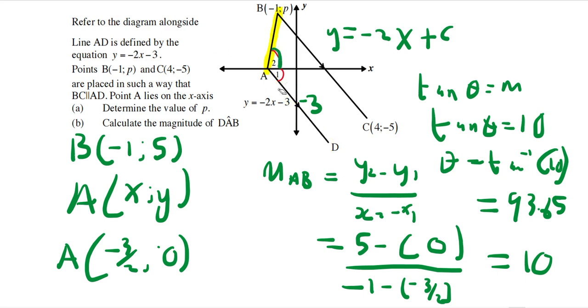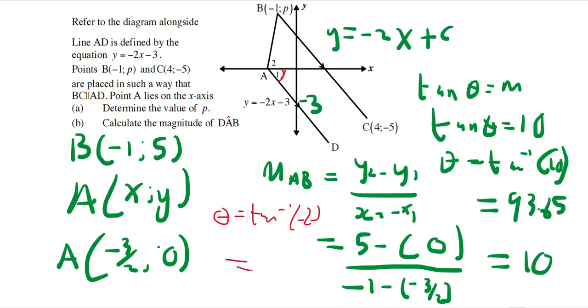Please calculate the angle of inclination for A1 here. We know A2 is 93.65. How do you calculate A1? You already have the gradient: theta is equal to tan inverse of negative 2.